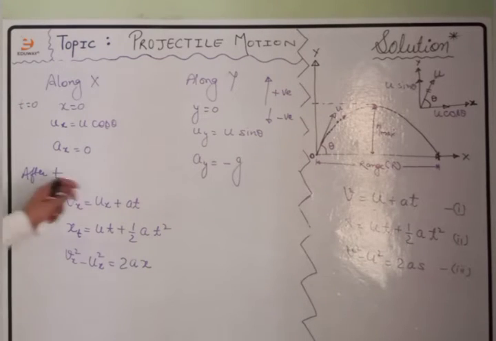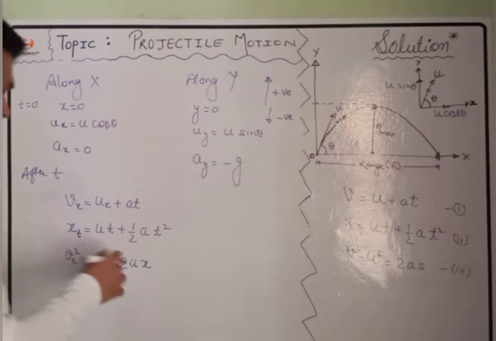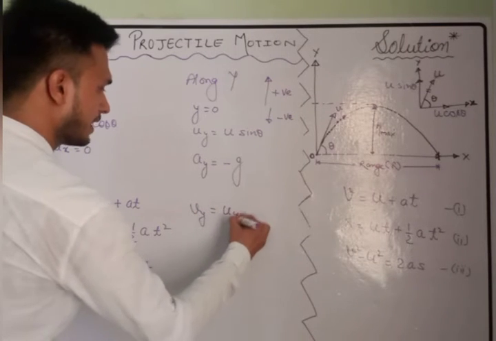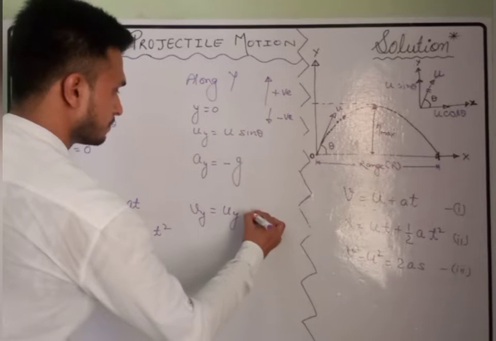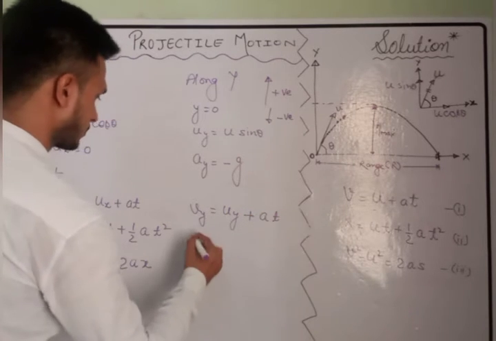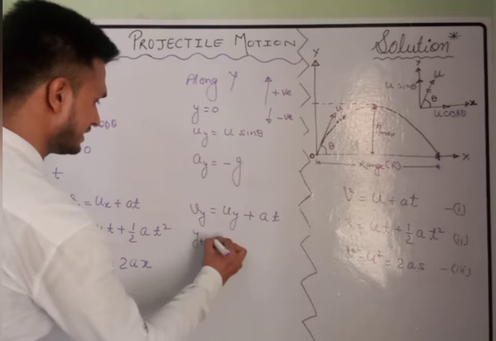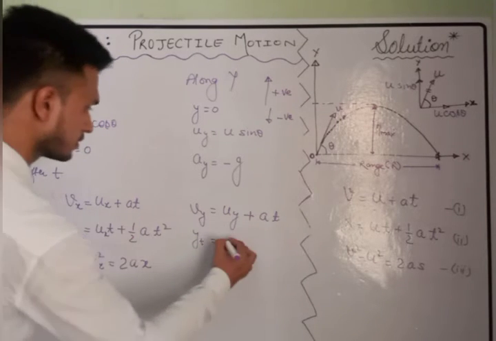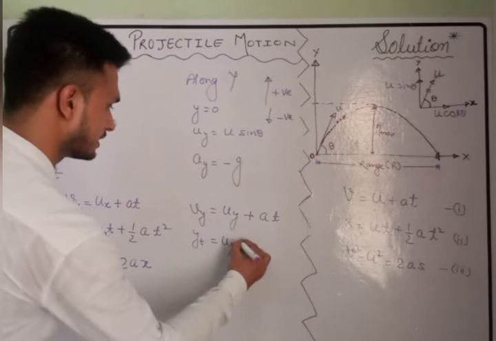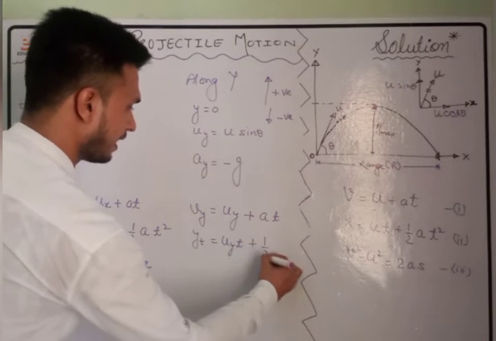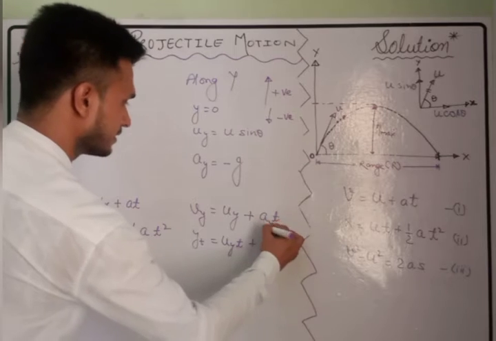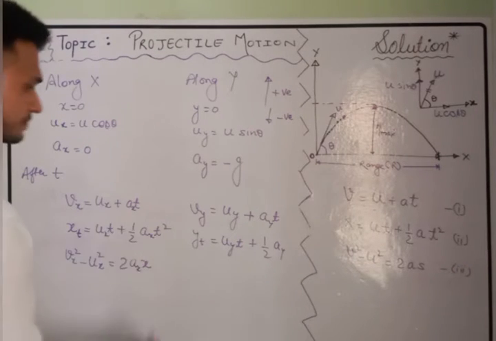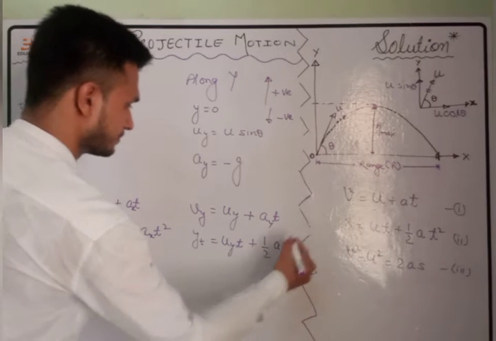Similarly, I will write for the y direction. vy equals uy plus ay t. y at time t equals uy t plus half ay t square.